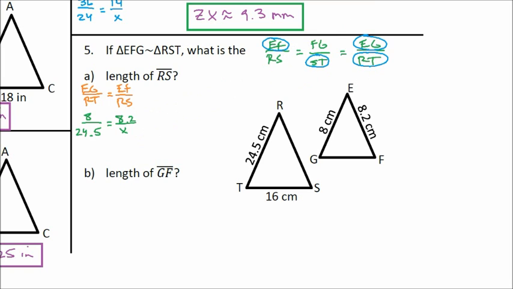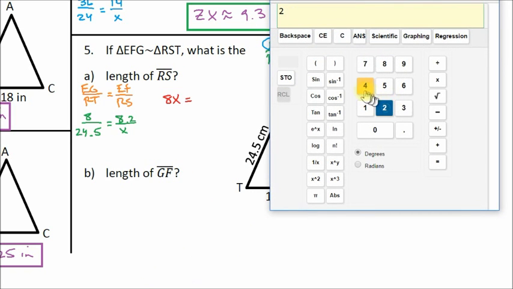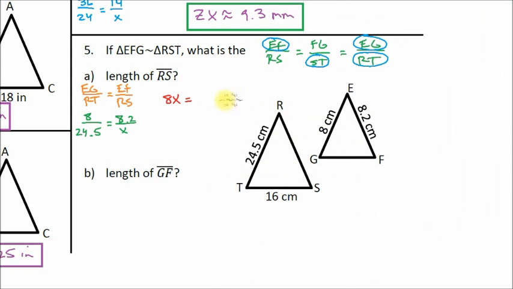All right, decimals don't bother us. No big deal. Calculator will do the work for us. 8 times X is 8X. And we've got 24.5 times 8.2. And that equals 200.9.